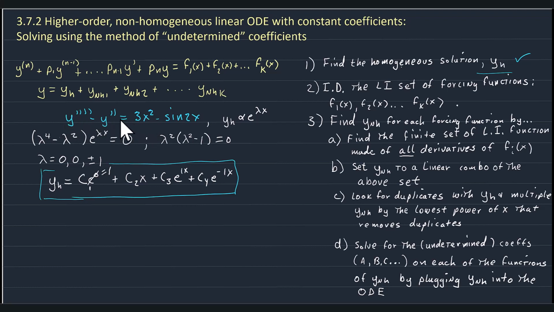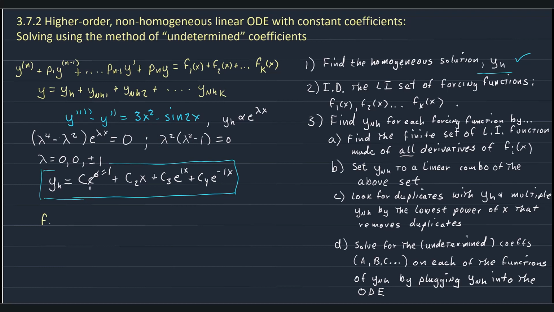And so it makes sense that the non-homogeneous solution for 3x squared is made of derivatives of 3x squared. So the first step to finding the solution is to find all of the linearly independent functions that make up all derivatives of 3x squared.